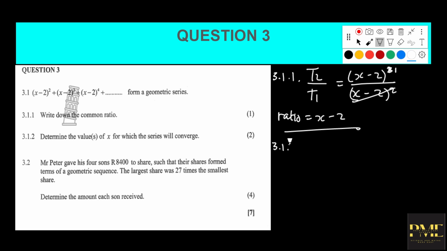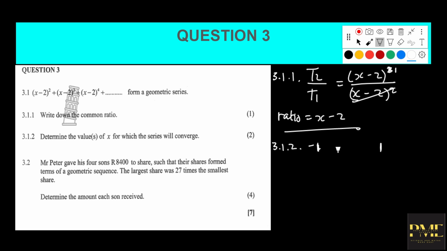3.1.2: determine the value or values of x for which the series converges. We know that for a series to converge, our ratio must be in the range between -1 and 1.